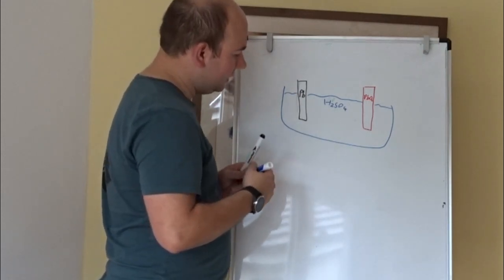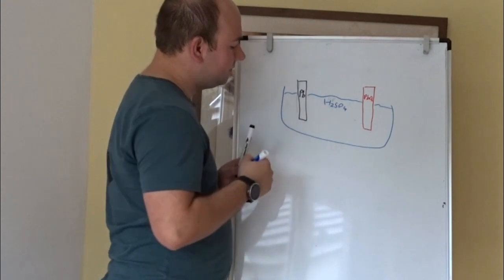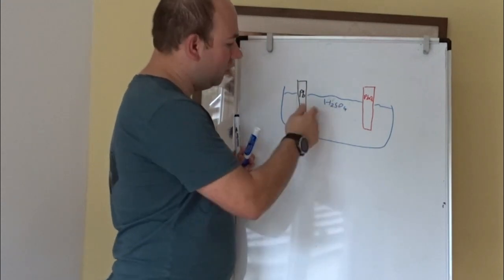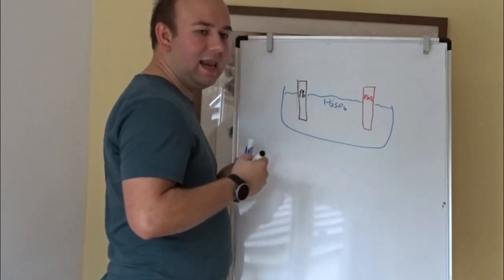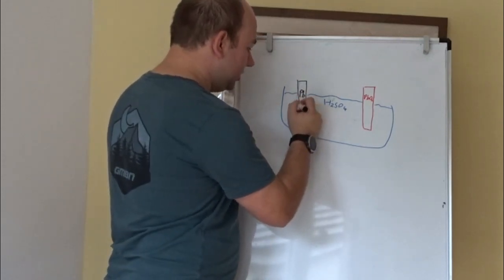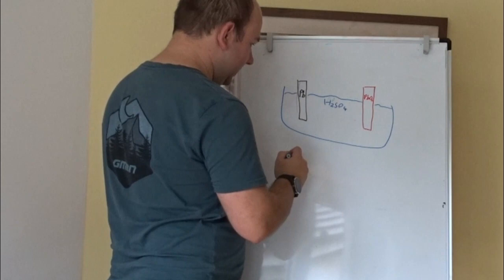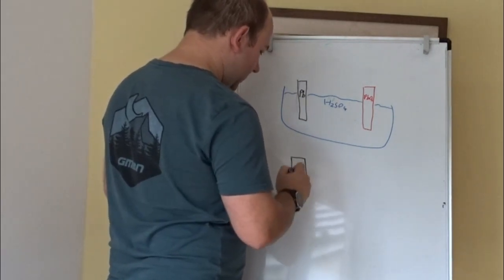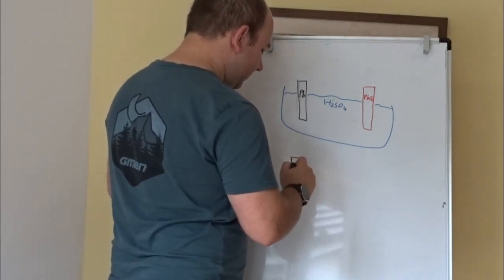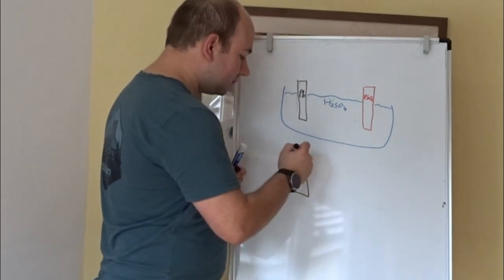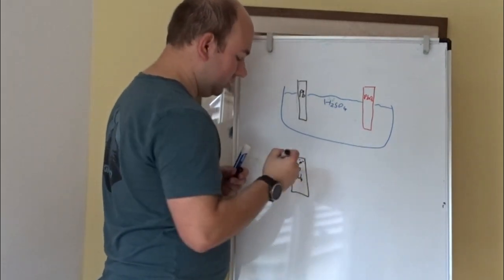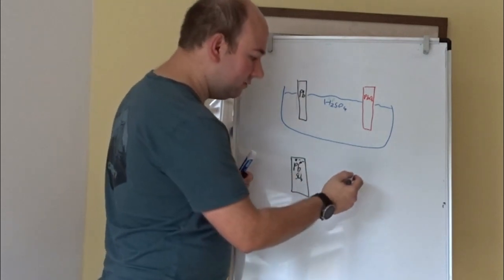But what happens is the H2SO4 reacts with the lead to form lead sulfate, which goes to, let's draw it down here, PbSO4, I believe, plus a lot of electrons. So we're creating that potential difference.